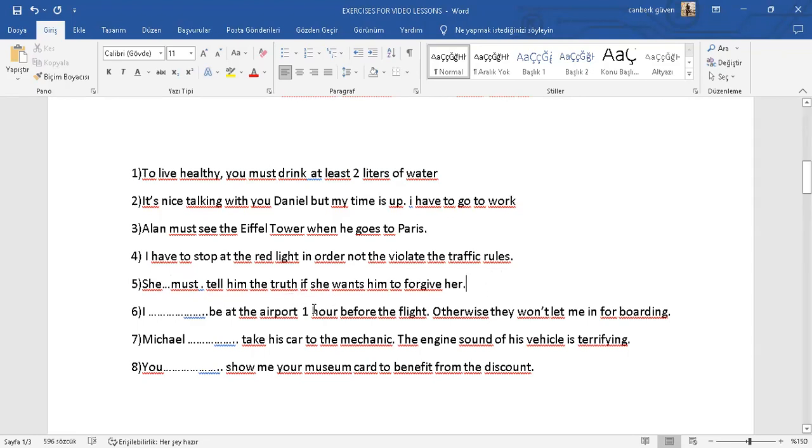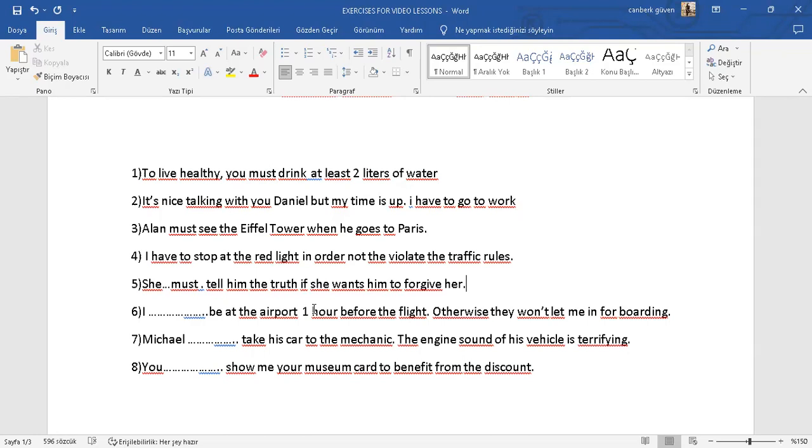Okay, the sixth. I blah blah be at the airport one hour before the flight. Otherwise, they won't let me in for boarding. It's quite a common situation, right? When you have a flight, or when you have already bought tickets, you have to be at the airport earlier before your flight, because there are some check-in procedures, and the staff will weigh your luggage, whether it exceeds 25 kilograms or not.